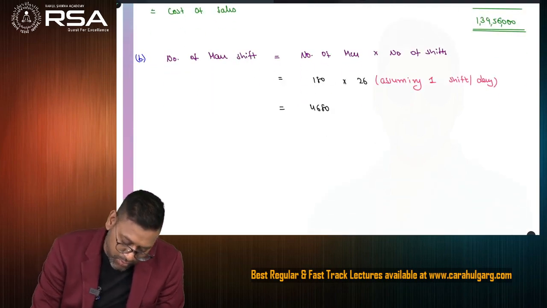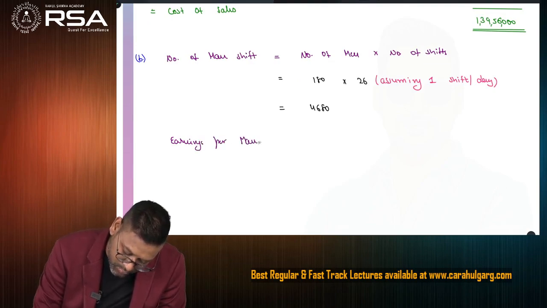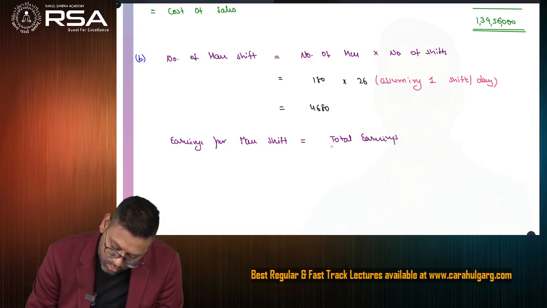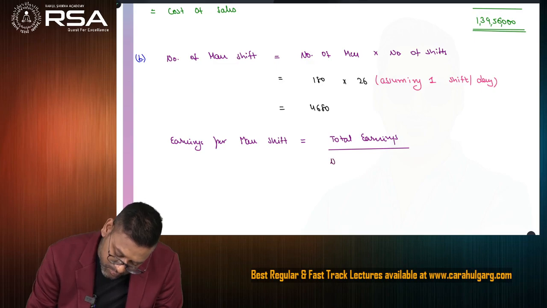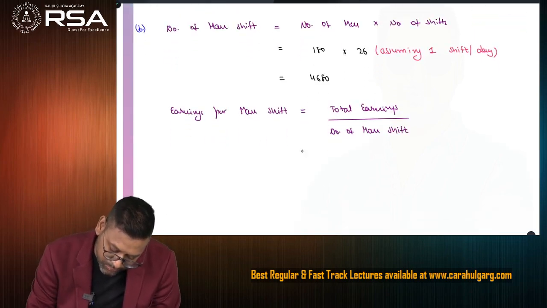Now, when we find earnings per man shift, the formula is total earnings divided by number of man shifts.